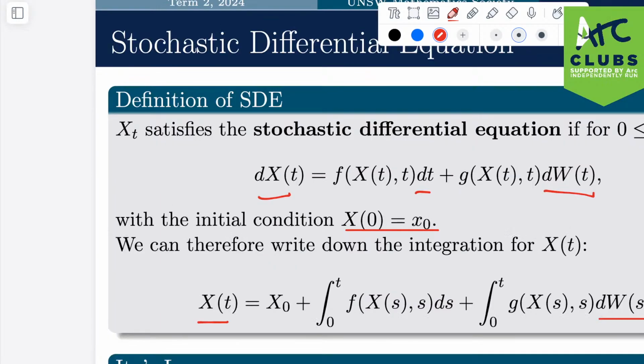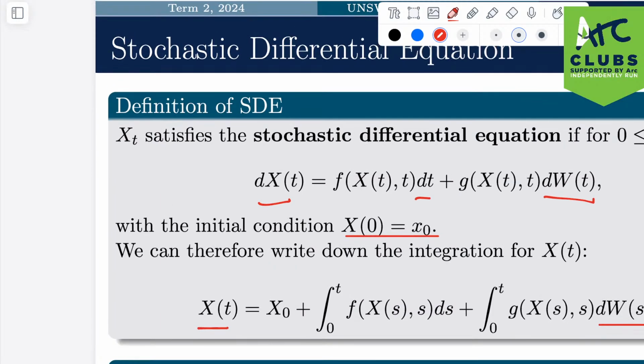We also have Ito's lemma. Ito's lemma tells us that if yt is equal to h of xt and t, then the derivative of y is the derivative of h with respect to t, plus a half of g of xt squared times the second derivative of h with respect to x, all times dt, plus dh/dx times dx.